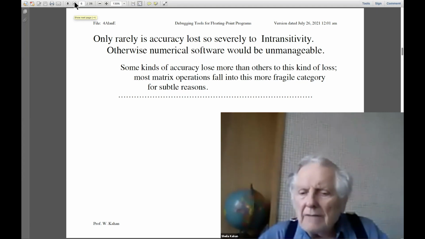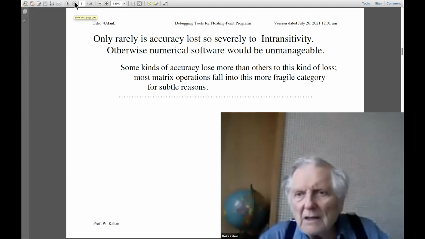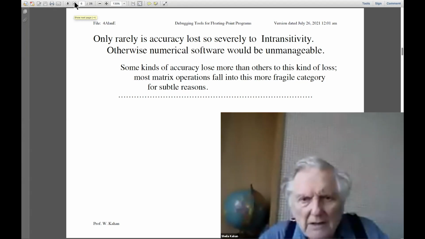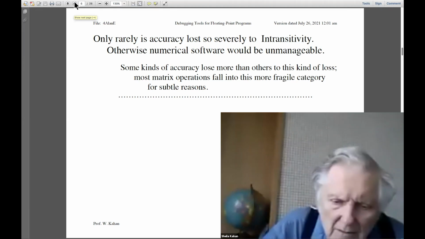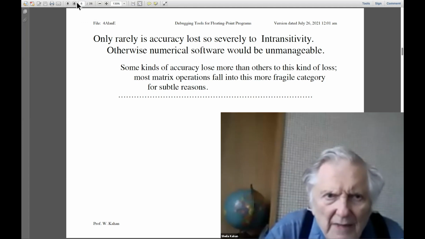And if we would lose accuracy just from composition, well, that would be a disaster. So fortunately, the disaster happens only very rarely. In fact, sometimes you believe that you have to make up these artificial examples in order to get it to happen.